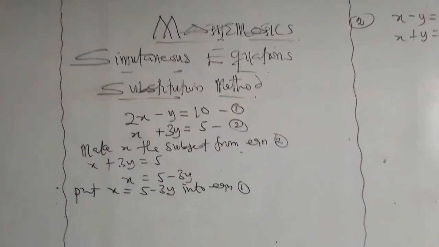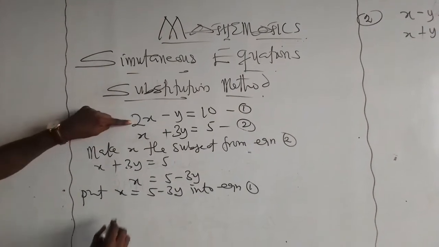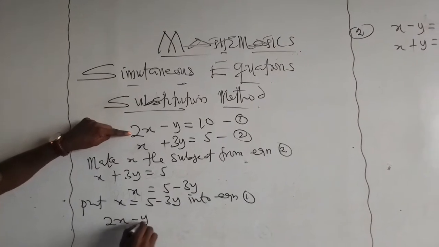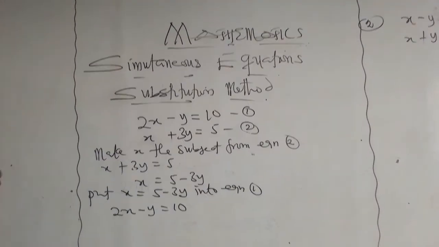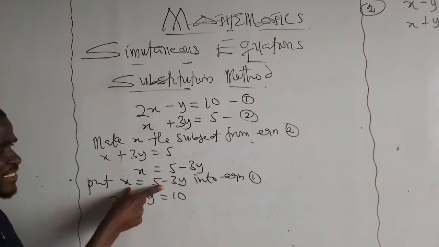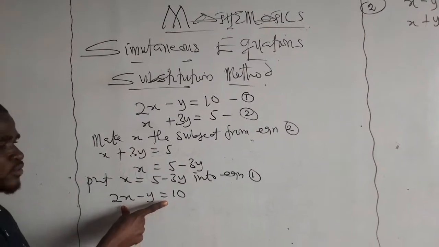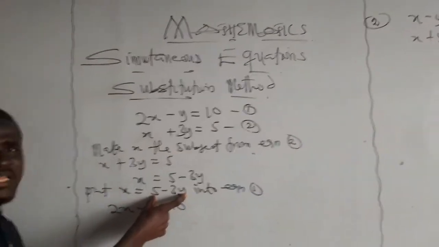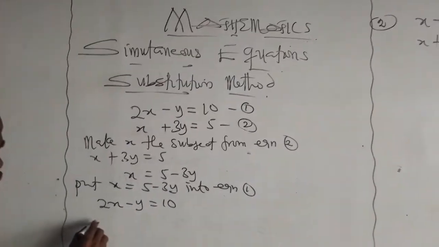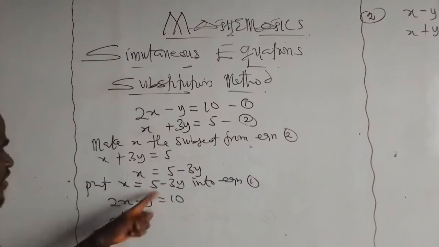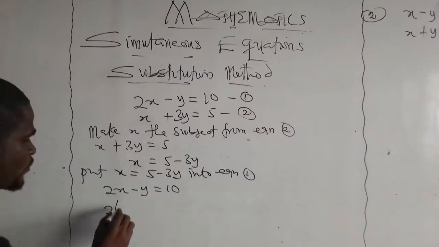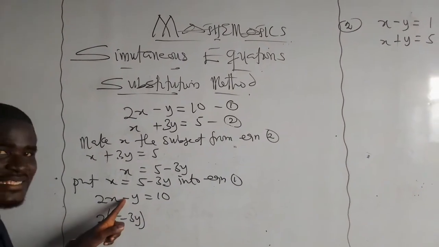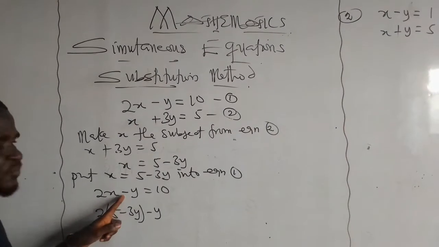Equation 1 is 2x minus y equals 10. Wherever I see x, I have to put this value there. So 2 into bracket, the value of x, 5 minus 3y, minus y equals 10.